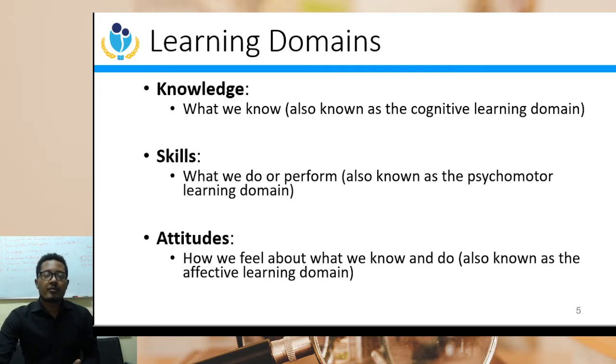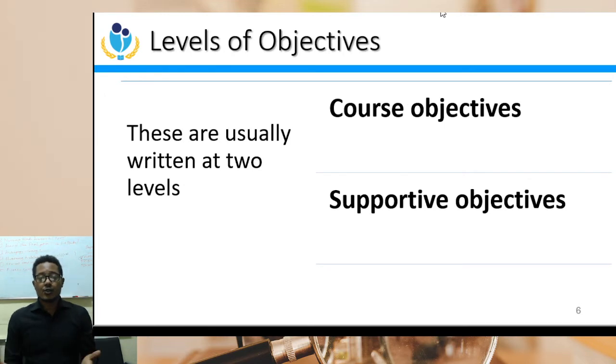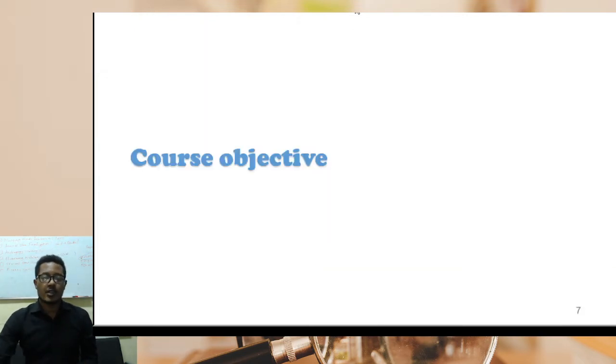So having had a brief introduction to the learning domains, the learning objective we develop stems from the expected competency, and it is written into levels. The broader level is the course objective, and the next level is the supportive objective. So let's start with the course objective.